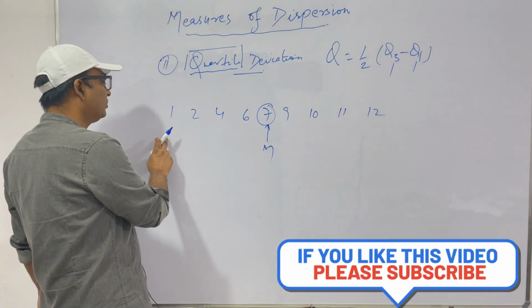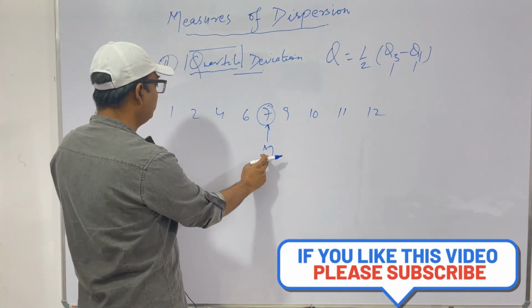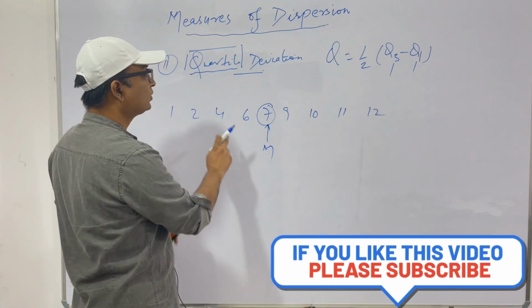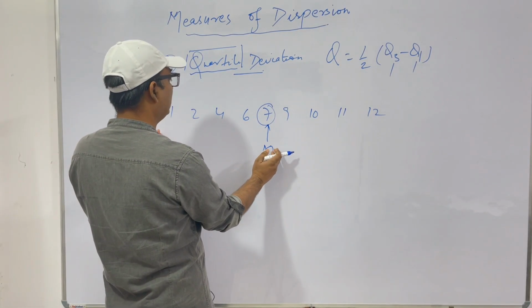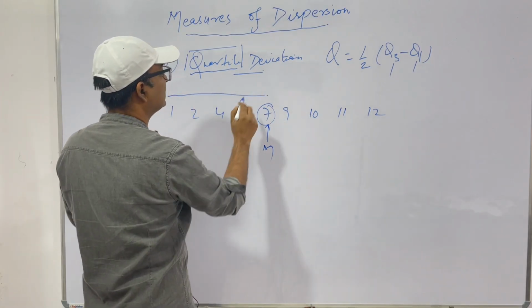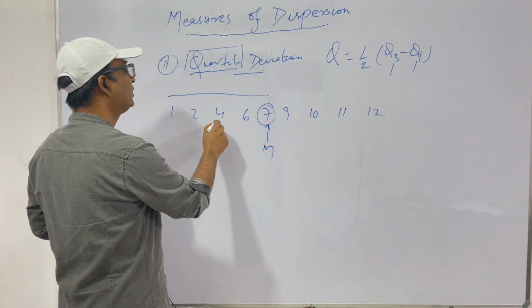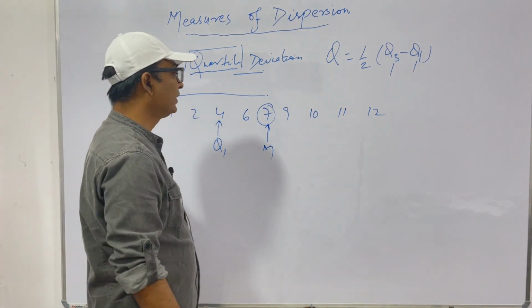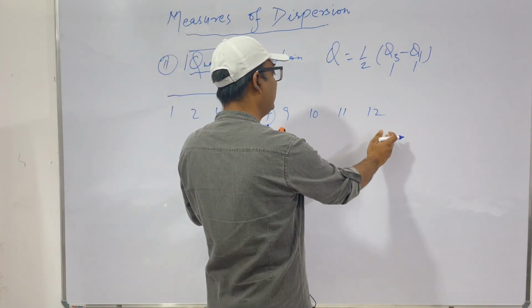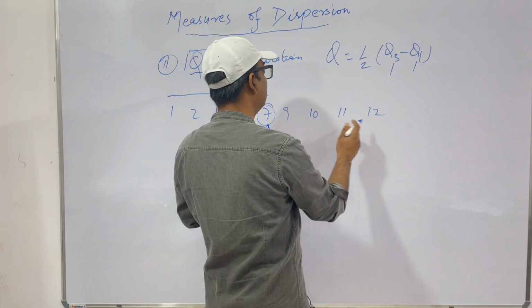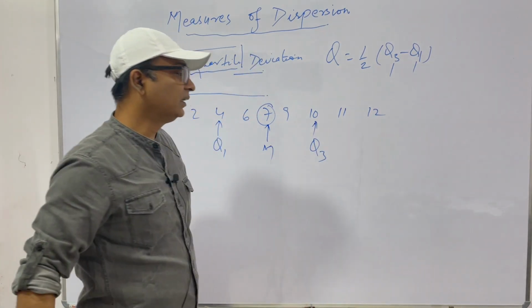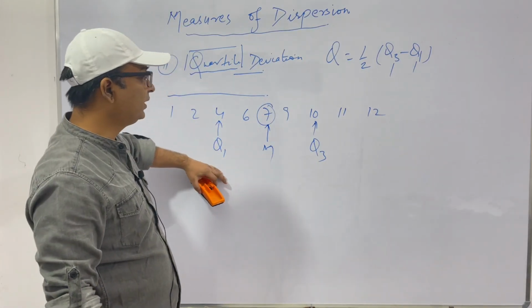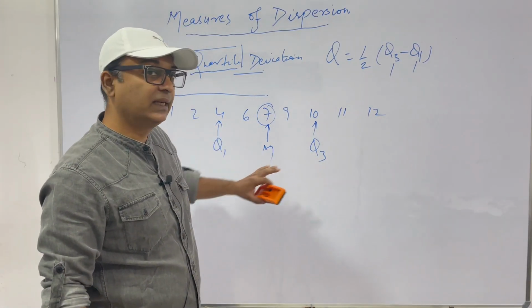If we start from here to the median, then the median in between this is called the first quartile. So this is our range, then the median for this will be 4. So this is quartile 1. Similarly, the median of this upper half is 10. This is called Q3, the third quartile, 75%, 25%. So this way we find quartiles.